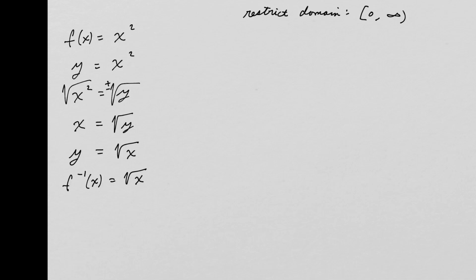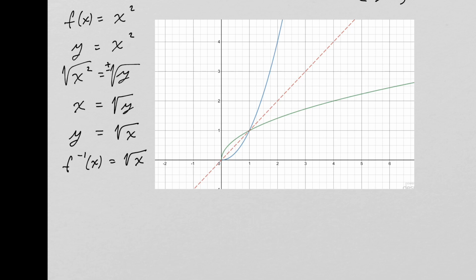Okay, let me give you a graph of that. Okay, so here's my graph of the original function. So this is f of x equals x squared, the one that's in blue. The green is the square root, so this should be the inverse, square root of x.